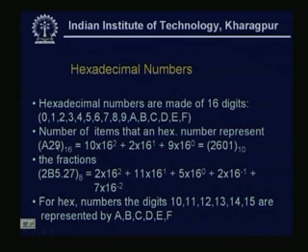If I start from here it will be 0, 1, 2. So, 10 into 16 square plus 2 into 16 to the power 1 plus 9 into 16 to the power 0, and if I do this multiplication and addition, then I will be getting 2601 in our decimal number system.